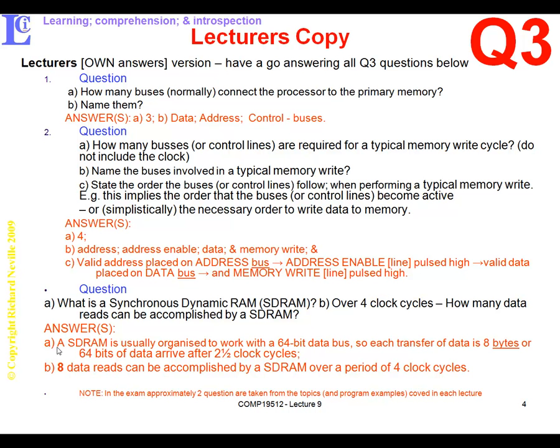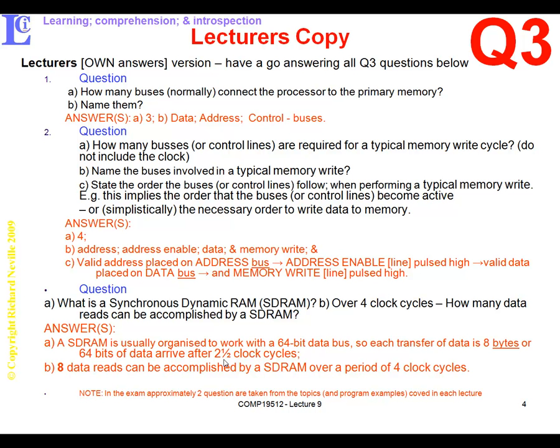So the first thing is an SDRAM is usually organized to work with a 64-bit data bus. So each transfer of data is 8 bytes, 8 8-bit words, or 64 bits. And we have to remember it takes nominally 2.5 clock cycles to set up the first address, which is normally the base address if you remember.